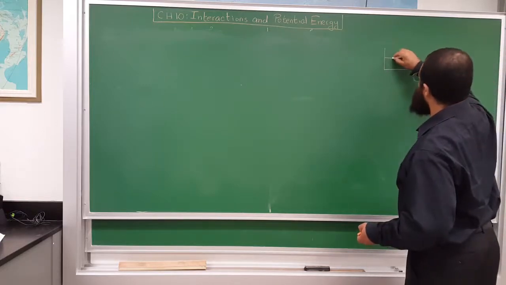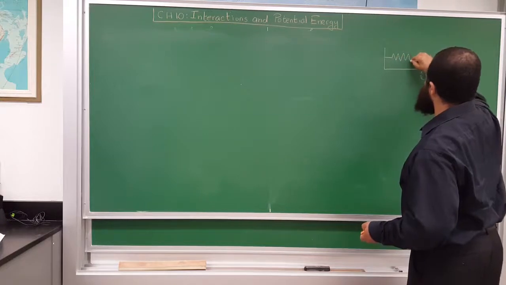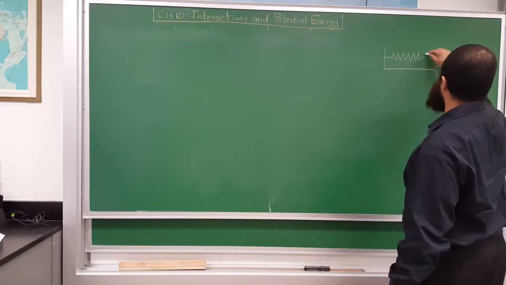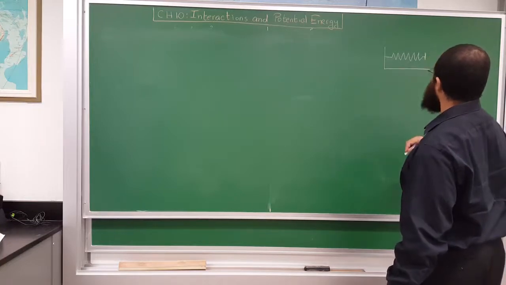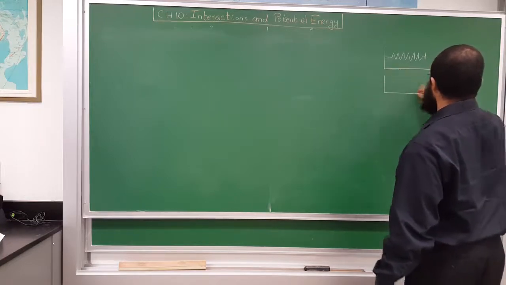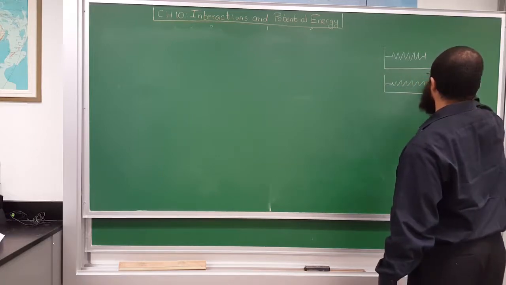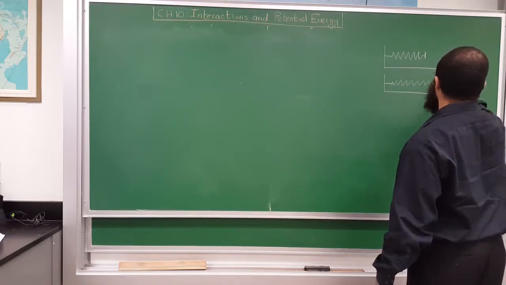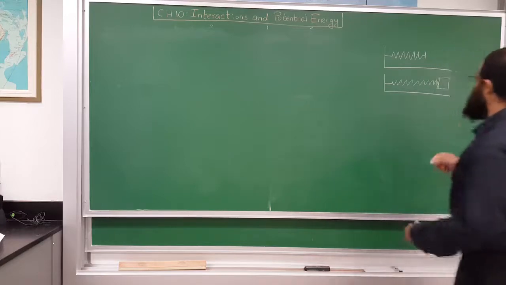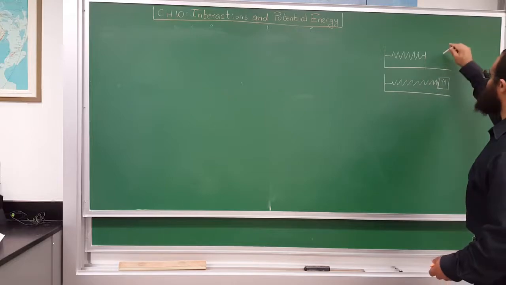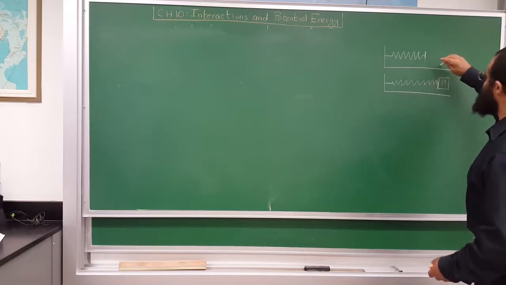And so here's the spring, and it's in its natural position here. If you take a mass and attach it to the spring and stretch the spring a little bit, now the spring is attached to a mass, and it is stretched by a distance x.